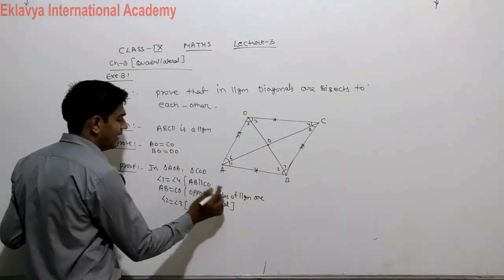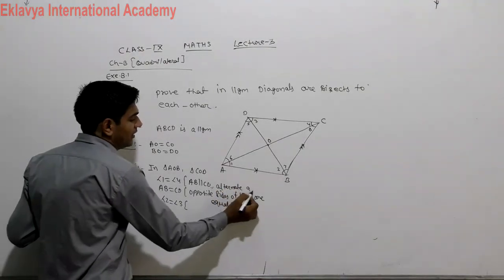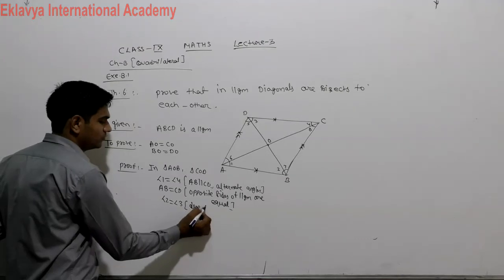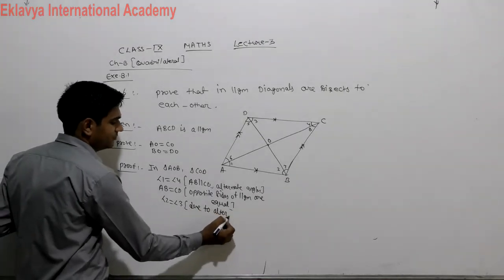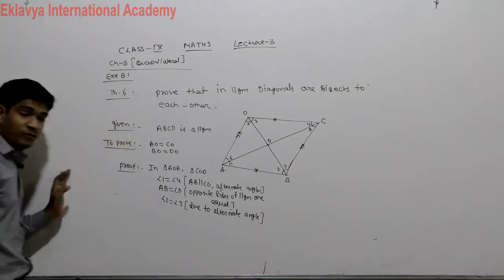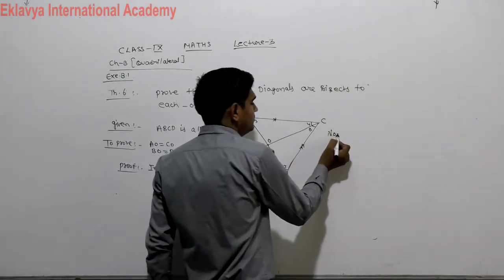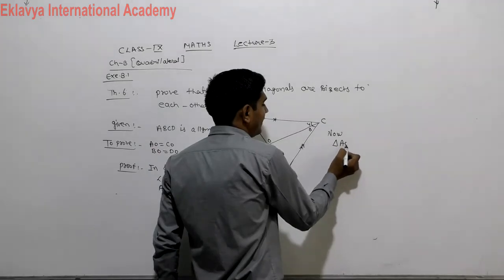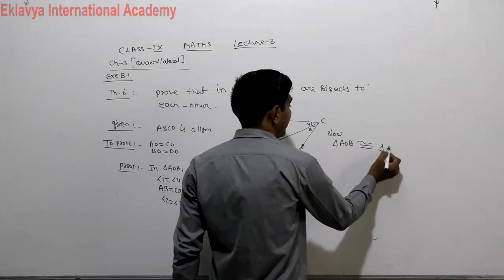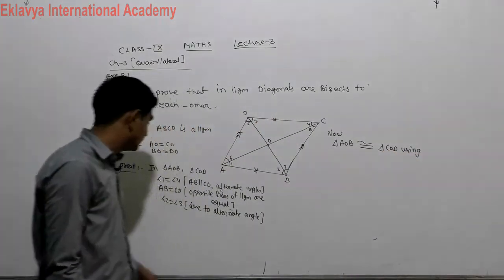They are parallel, so alternate angles will be formed, right? Alternate angles, due to alternate angles. So we prove here that triangle AOB is congruent with triangle COD using which rule?